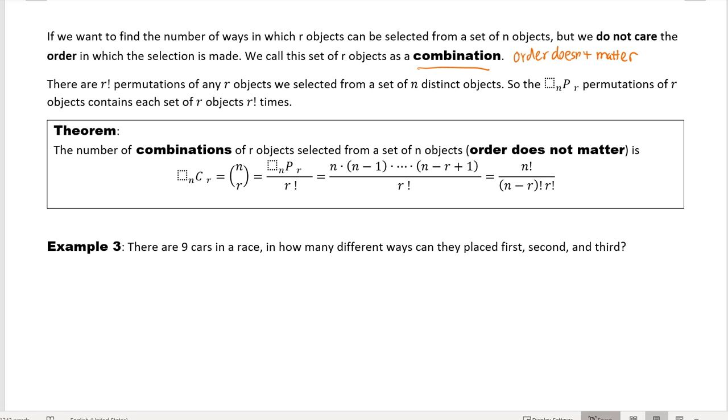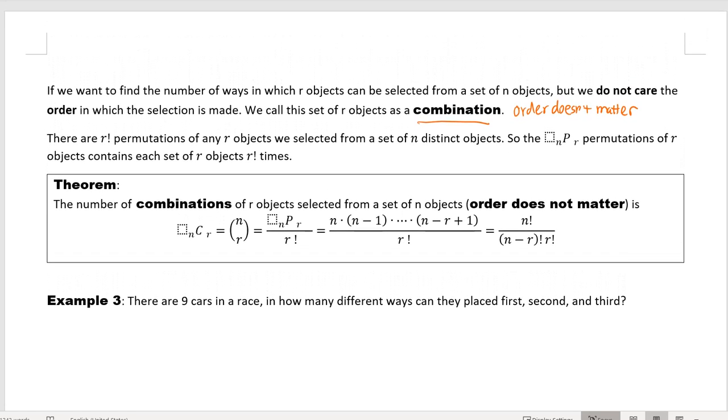Think about a combination of 4 numbers. How many permutations correspond to this combination?